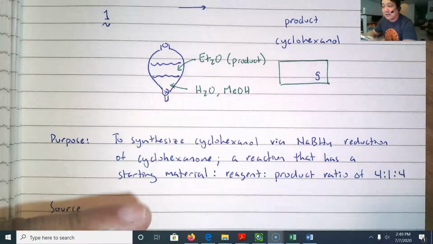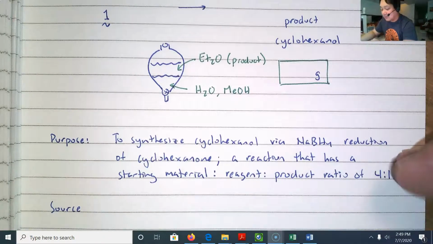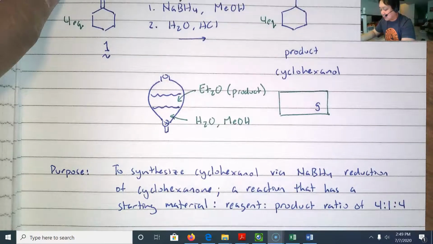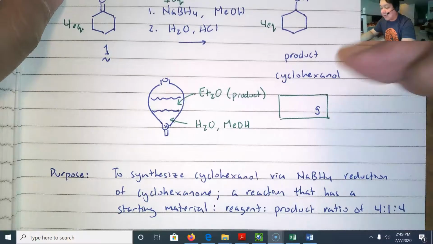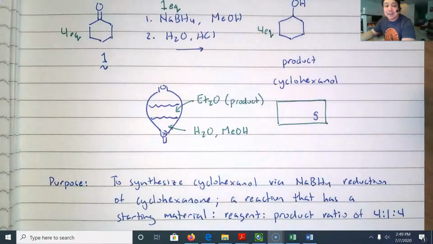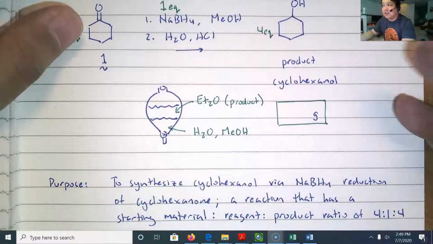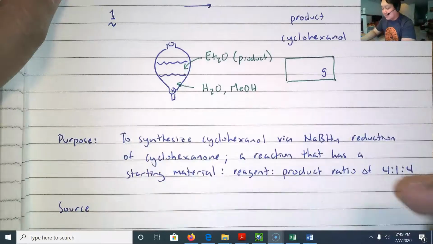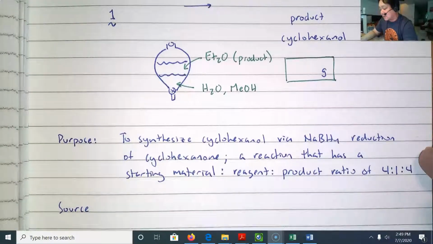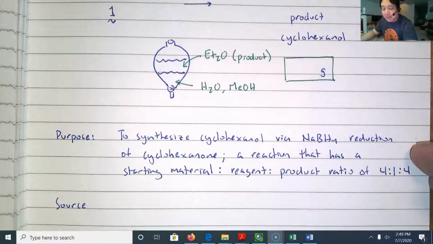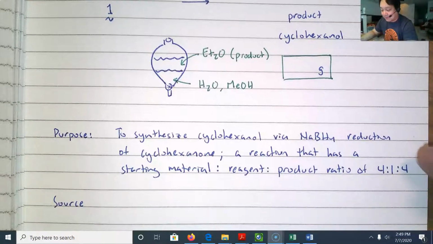That's a byproduct or an aspiration, but that's not a purpose. Heck, even saying to learn how to make alcohols from ketones, that's not really the purpose. That is a general theme, but that's not the purpose. This is, for me, a sufficient purpose, and you want to follow something like this for every single lab experiment that you write about.